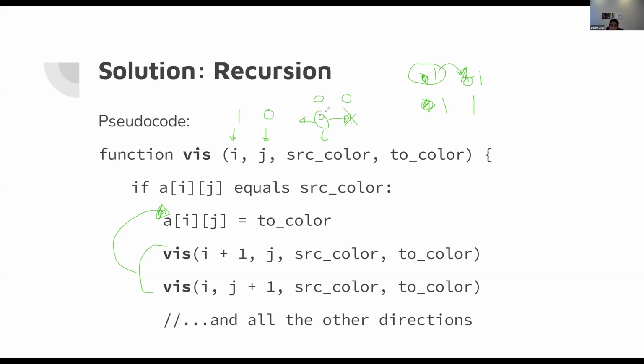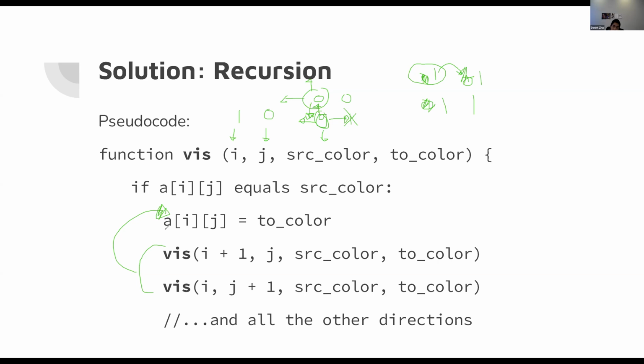Yeah, Kevin, it is an infinite loop because then when you go up, you come here, and then you haven't changed this to 1 yet. So then if you come here, you visit all the directions, and then maybe you come back down. And then now you're back here again. And then you just repeat, and then you go back up, and then you come back down. So it is an infinite loop.